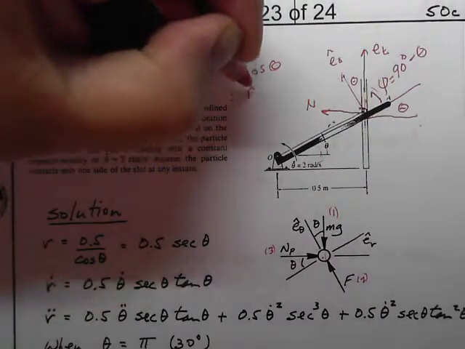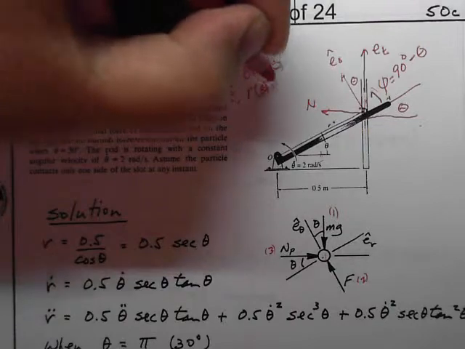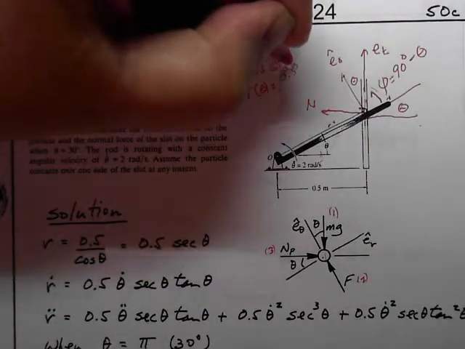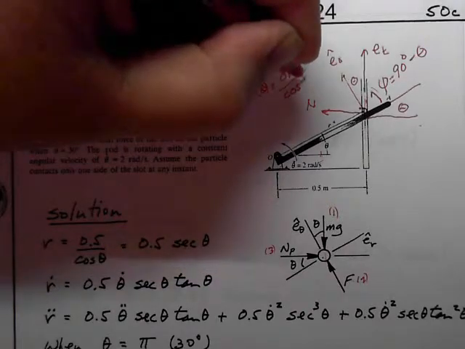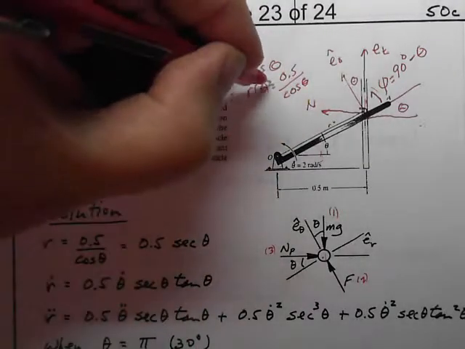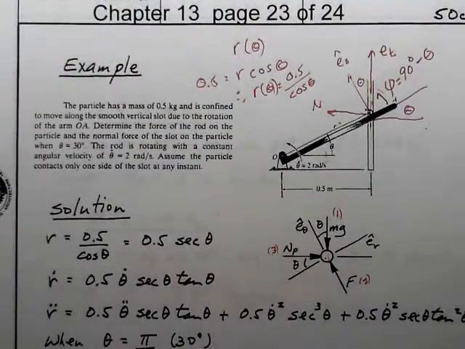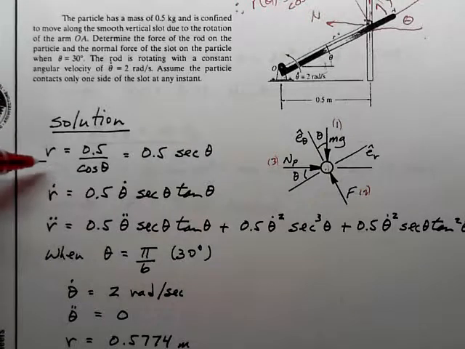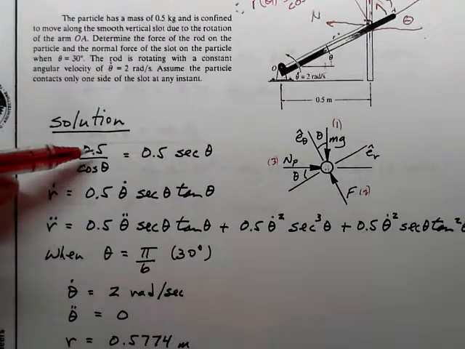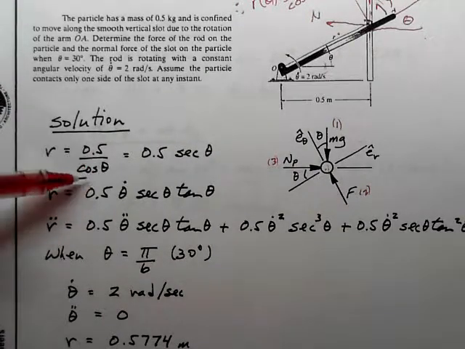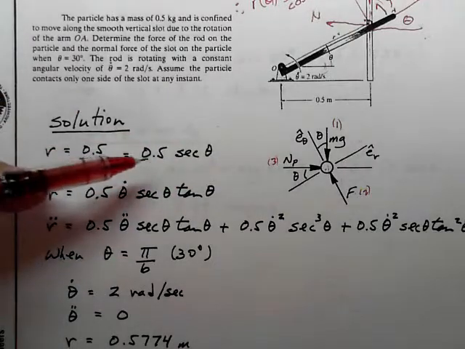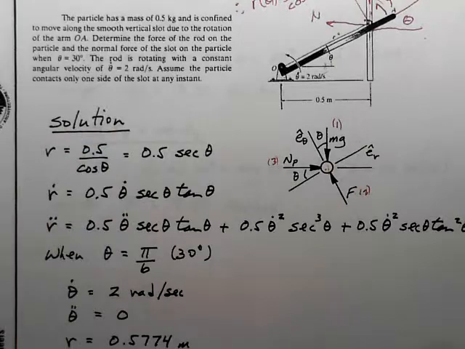Therefore, r of theta is equal to 0.5 over cosine theta, and this is an r of theta equation. It involves a reciprocal cosine. Therefore, we start this off by saying r as a function of theta, 0.5 over cosine of theta, but 1 over cosine of theta is the secant of theta. So r is equal to 0.5 times the secant of theta.